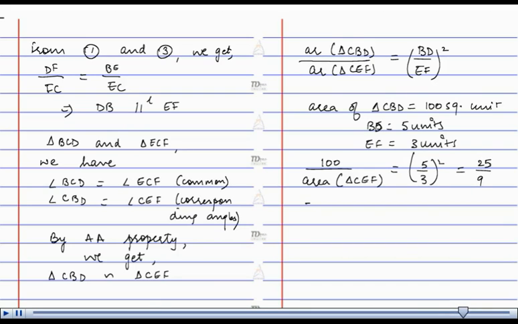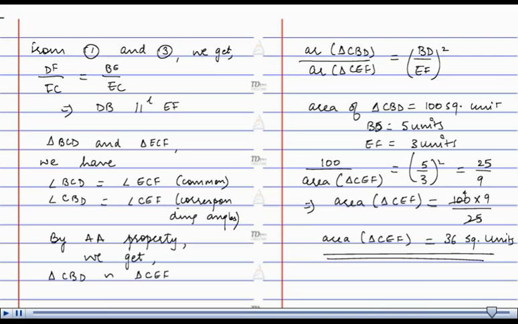This implies area of triangle CEF is equal to 100 into 9 upon 25. On solving, we get area of triangle CEF is equal to 36 square units. This is our required answer, which is option number 3.